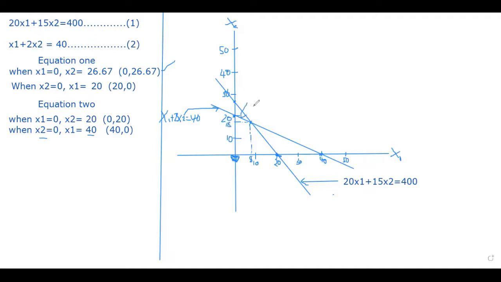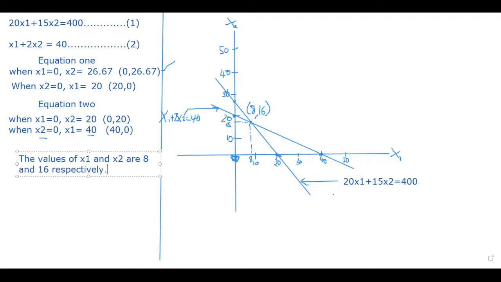So the values of x1 and x2 are 8 and 16 respectively.